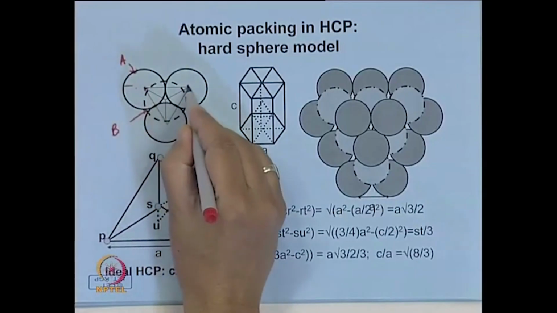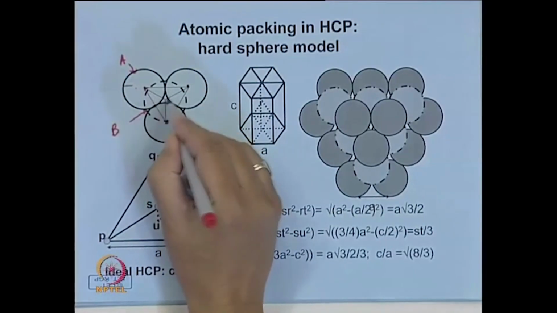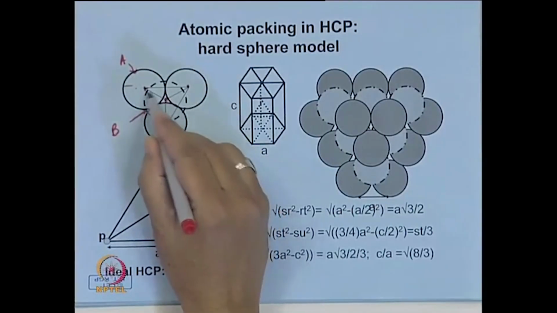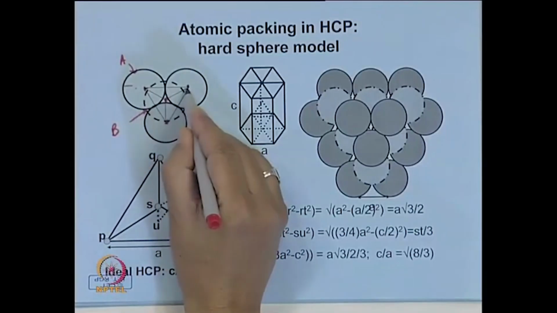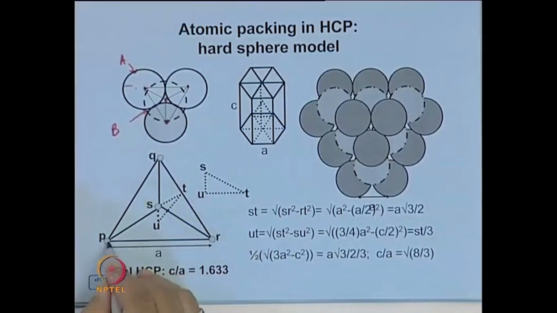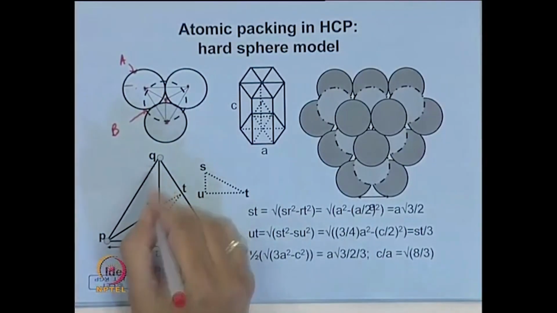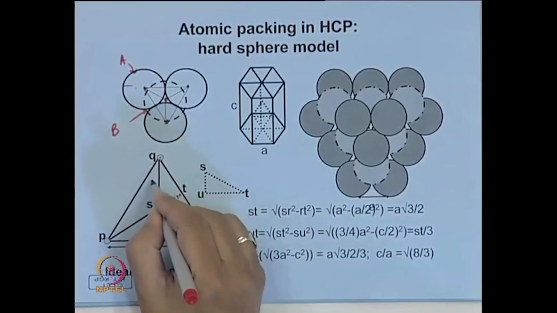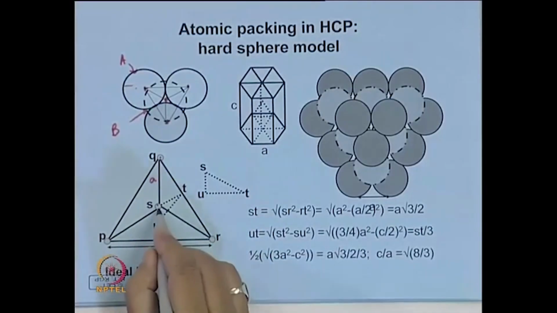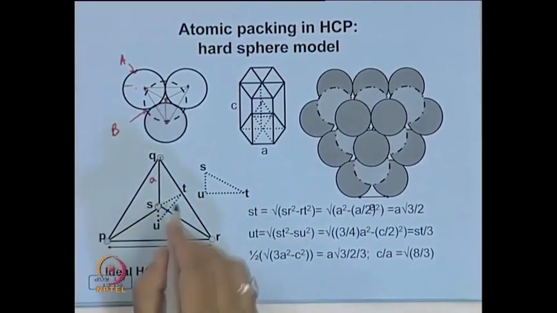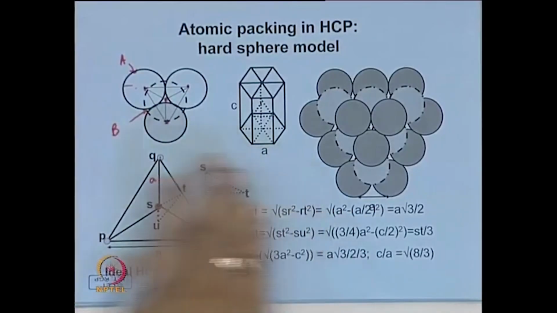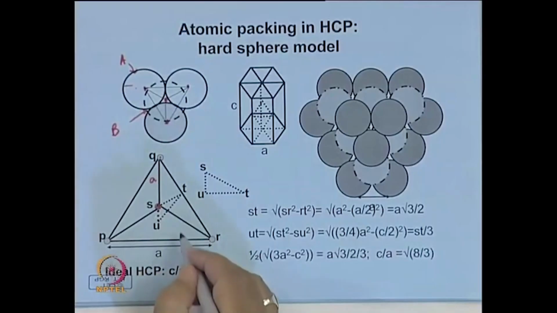Now, if you join the center of each of these spheres, what you get is a regular tetrahedron, and this side is a. So, this side is also a, this is a, this also is a, QS is also a. Now, what is the distance between this atom on the second layer and the base plane, and how can you find this out?